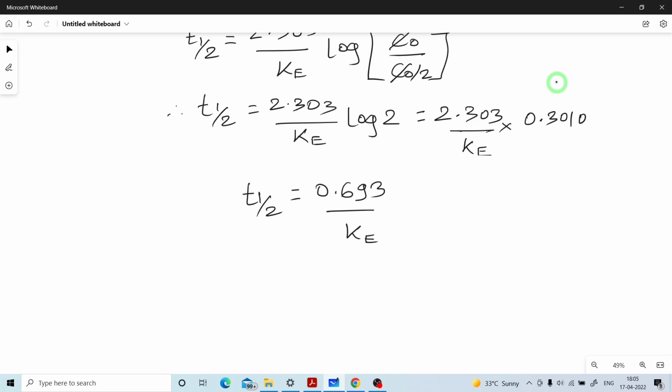So this is how you can determine the elimination half-life from the elimination rate constant formula.